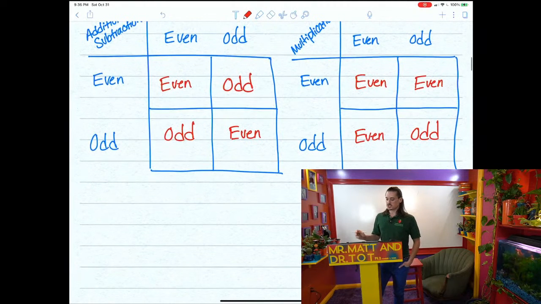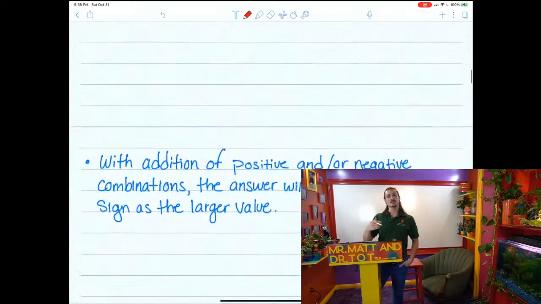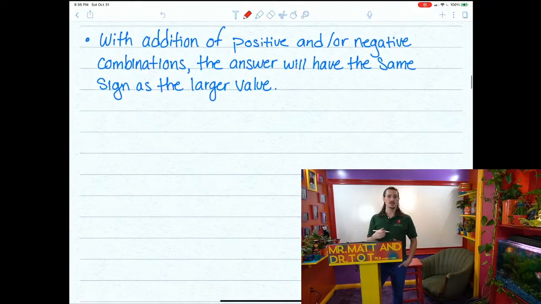So addition of positive and negative values in complex sum or difference statements can be simplified by thinking about it conceptually. The result is going to take the sign of the value with the larger magnitude.